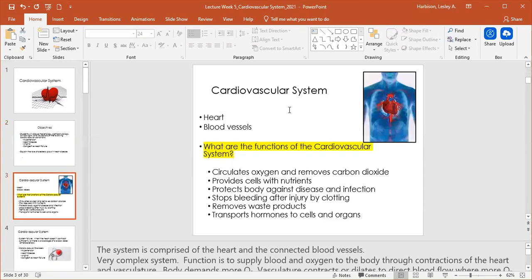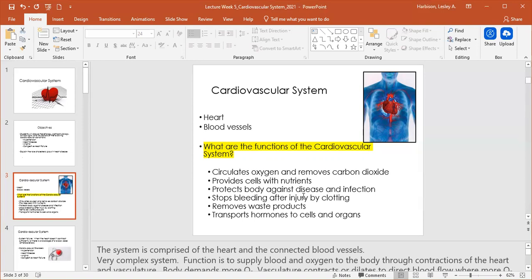The cardiovascular system is basically your heart and your blood vessels. And the purposes of the cardiovascular system is to circulate oxygen, remove carbon dioxide. It provides nutrients to your cells. It helps to protect the body against disease, your white blood cells, of course.